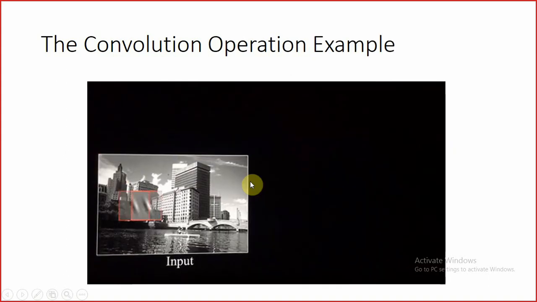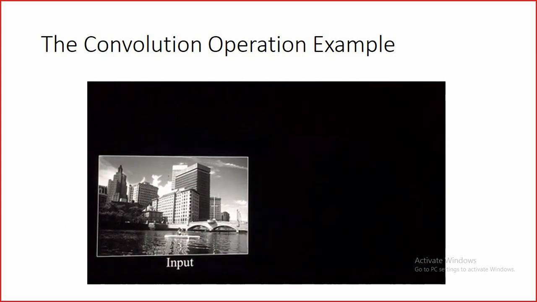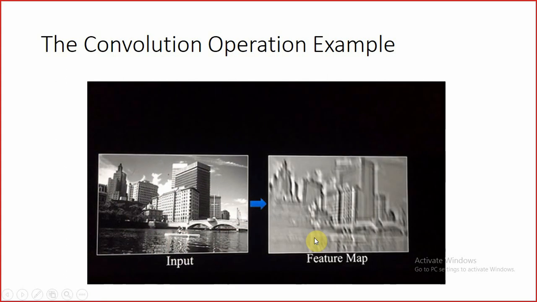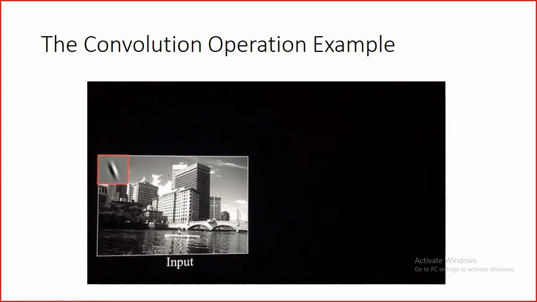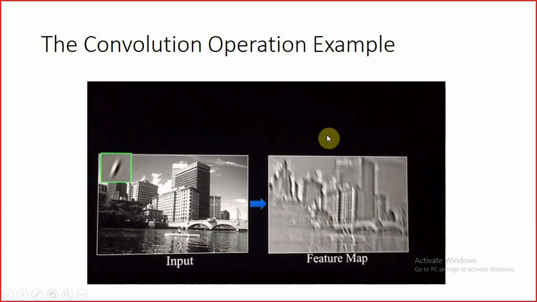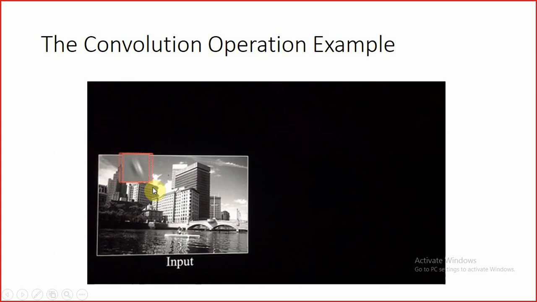For example, here, as you can see, this filter is applied and we find this extracted feature. We call the extracted feature a feature map. This is the feature map of the first filter, and this is the other feature map extracted by another filter.